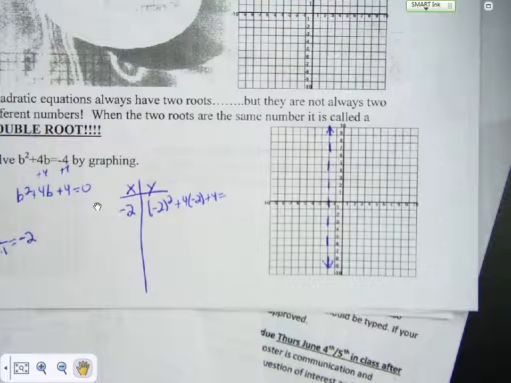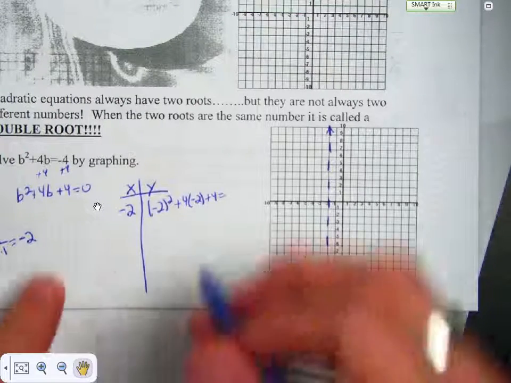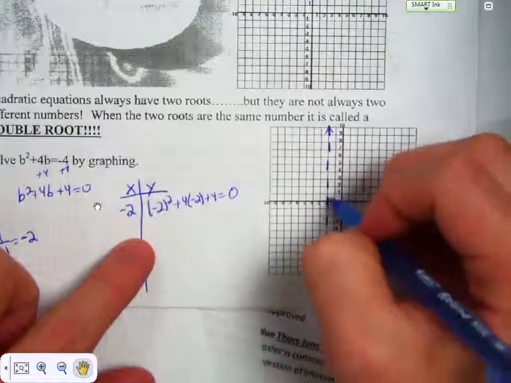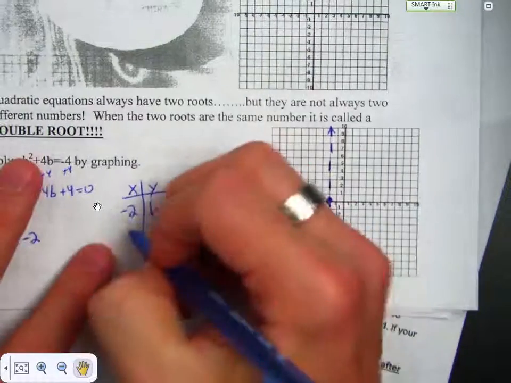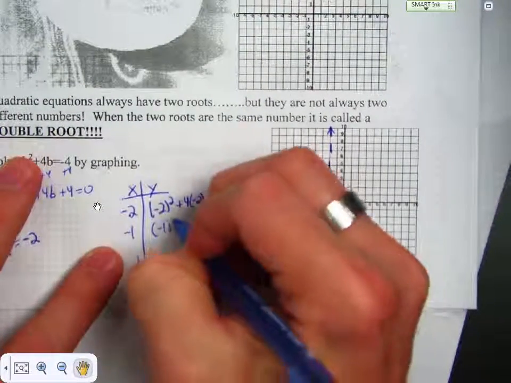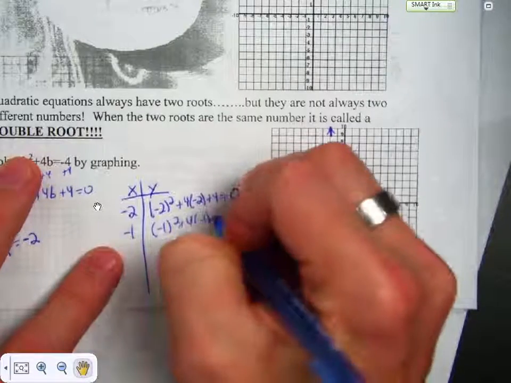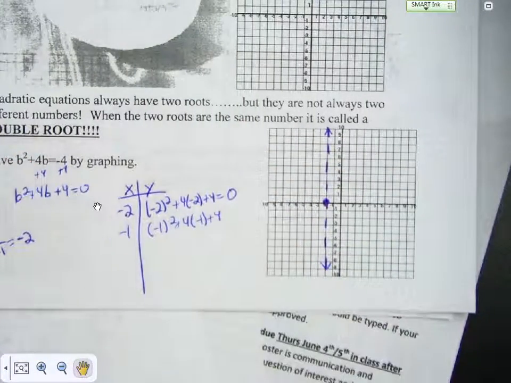What do you get? 0. Interesting. We already have the solution. We already have the answer. Well, let's just plug in -1 and see what happens. Well, -1 squared plus 4 times -1 plus 4. 1 minus 4 is -3. Plus 4 is 1. So we got the point -1, 1.